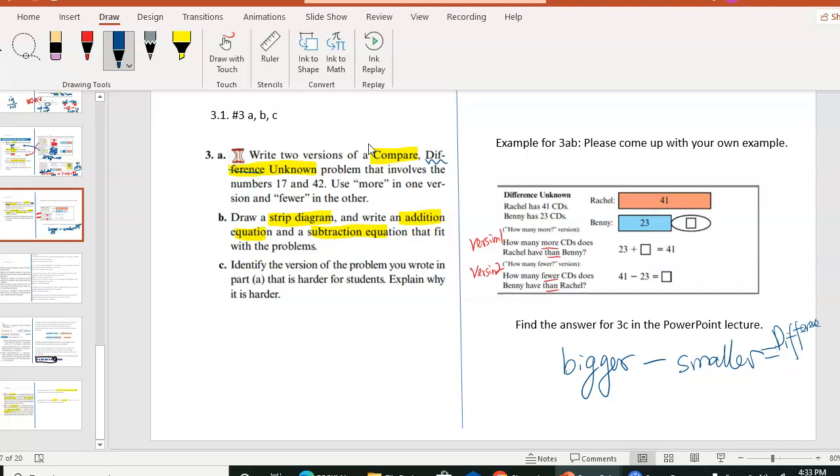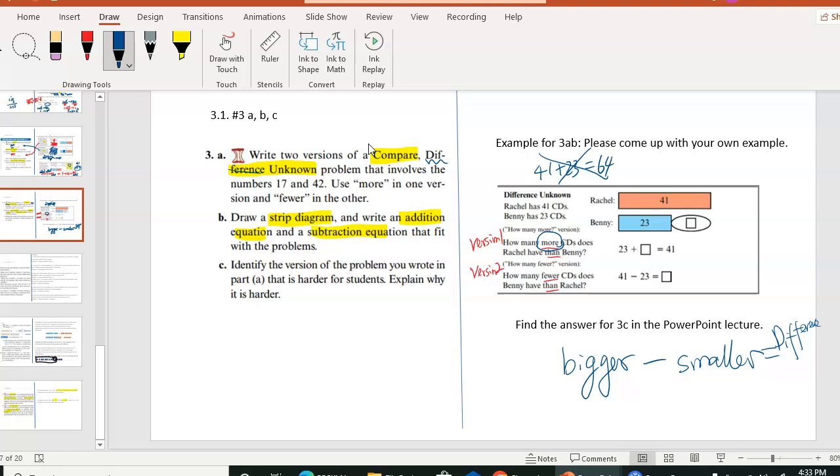And why? Because a lot of students, whenever they hear the word more, automatically think more means add. So when you give them the question, they will do 41 plus 23 to get 64, which is wrong, right? That's not correct.